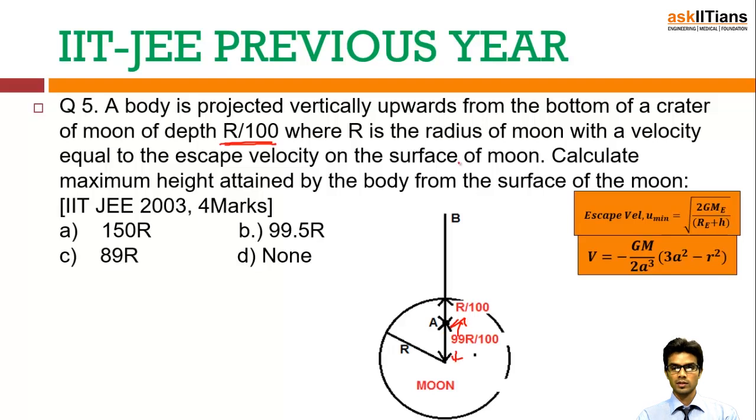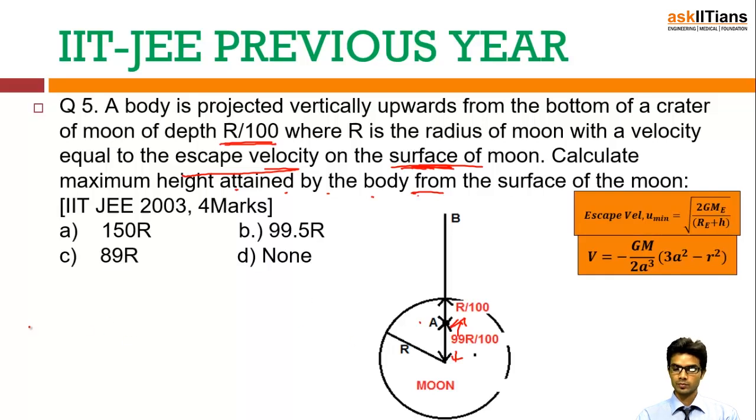Now from here, from A, the body is projected with escape velocity on the surface of the moon, equal to the escape velocity on the surface of the moon. Calculate the maximum height attained by the body from the surface of the moon.